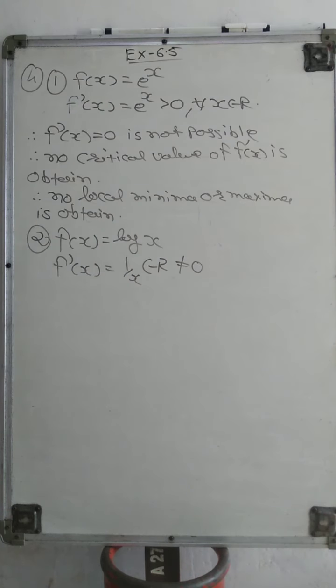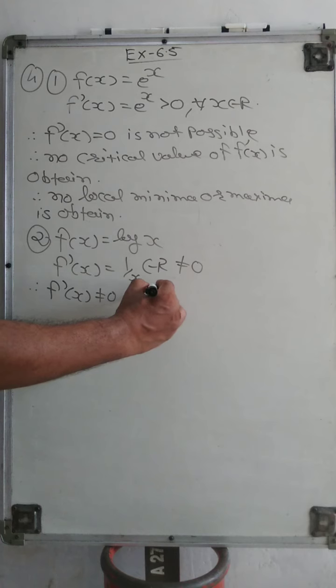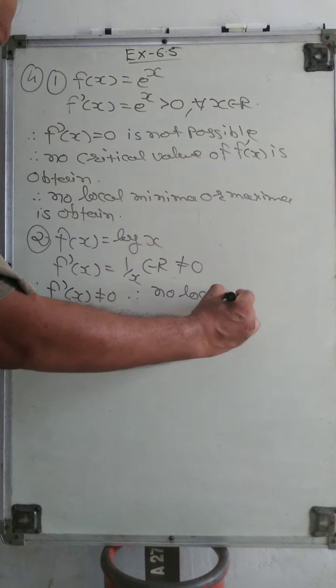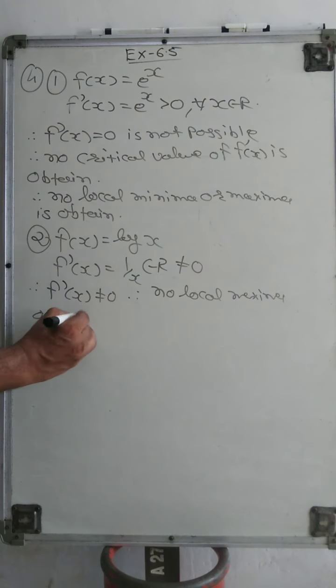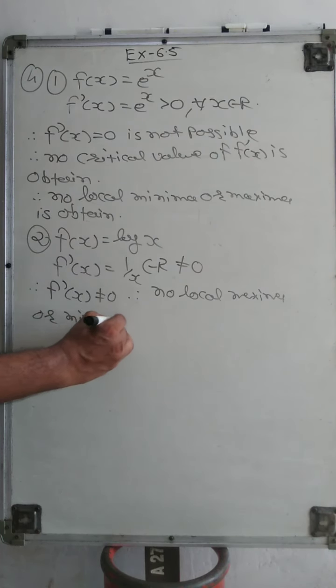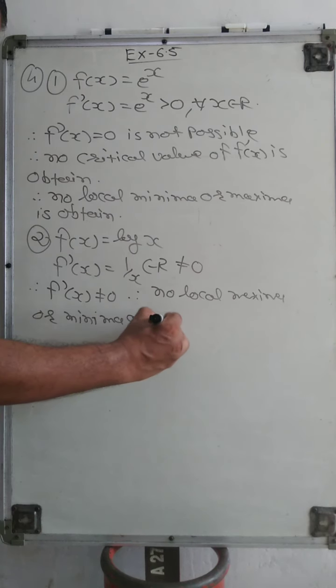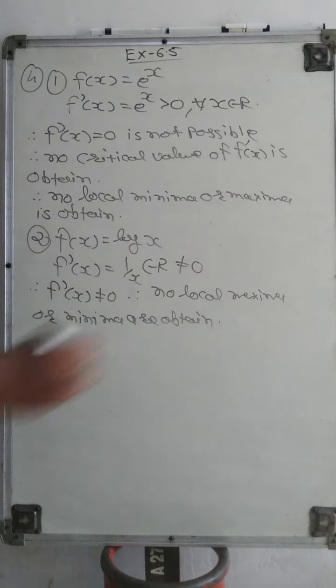So we can say that f dash x is not equal to 0, therefore no local maxima or minima are obtained. Right? So this way in this function also we get the same answer, that this function has neither local minima nor local maxima. Okay, then we go for the next one, which is the third one.